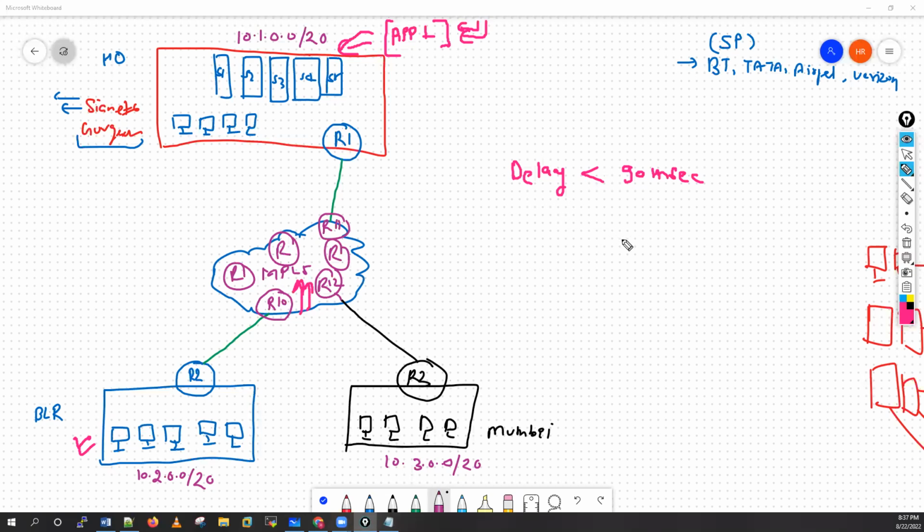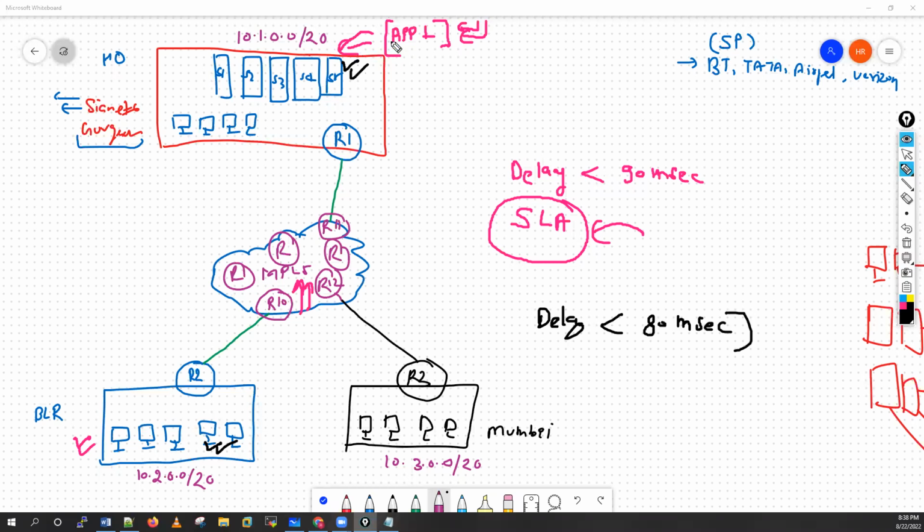According to that agreement, if you send traffic from the Bangalore office to the application hosted in your head office, you will get a delay of less than, maybe, 80 milliseconds. If they say this, then when people access this application, their experience becomes very good.